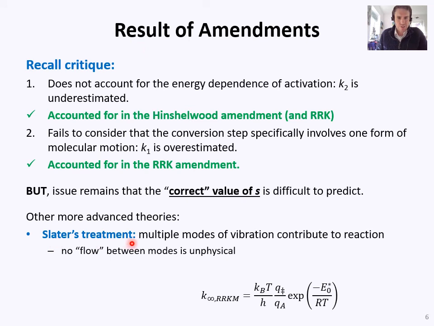One of which is Slater's treatment, in which he said that multiple modes of vibration might contribute to the reaction going ahead, but he didn't actually allow for flow between these modes, and that's really where the theory broke down on many molecules, because that's not very feasible, particularly in certain parameters. So this is a failed theory, but one that was quite useful at the time.